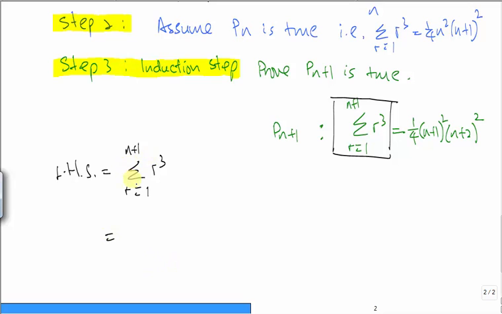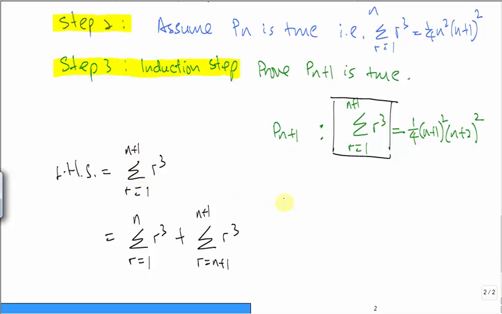Now this expression here can be expressed as summation of r equal to 1 to n, instead of n plus 1, I stop at n, plus the summation of r equal to n plus 1 to n plus 1.